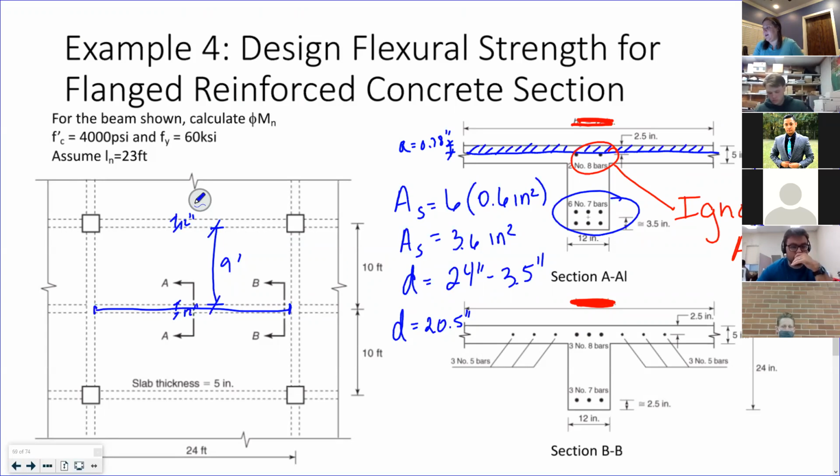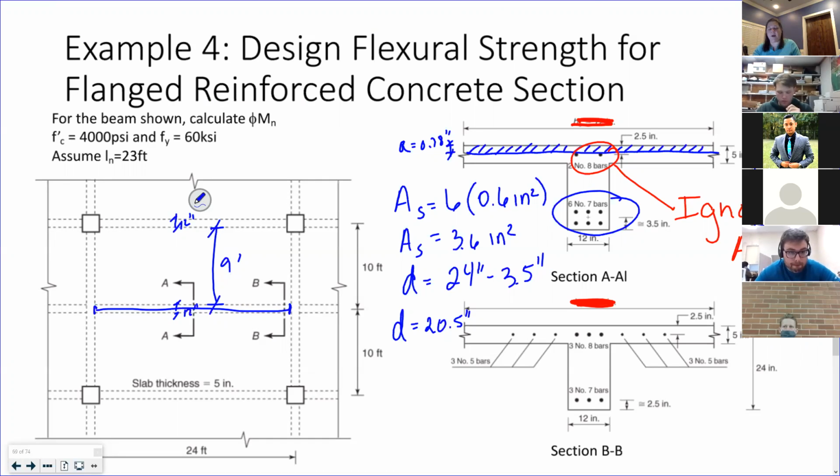If you start to get down into the stem, now the depth of your compression block is a lot larger, which means that your depth to your neutral axis is a lot bigger. The bigger the depth to your neutral axis, the smaller the strain in your tensile steel.